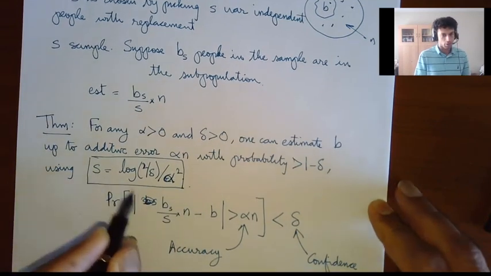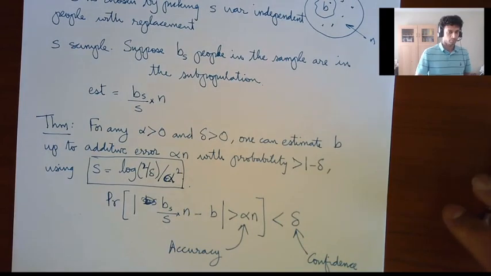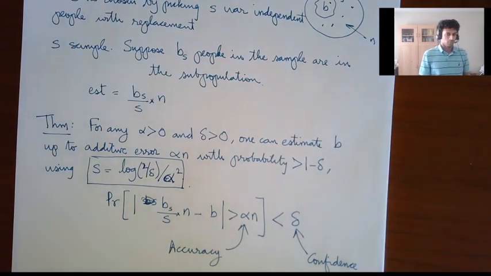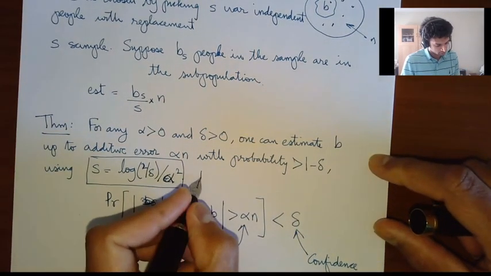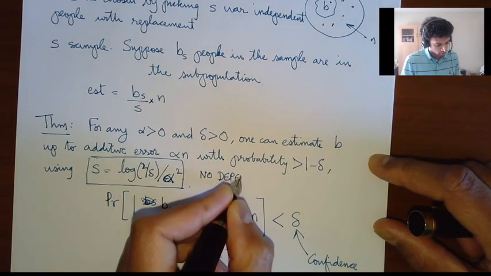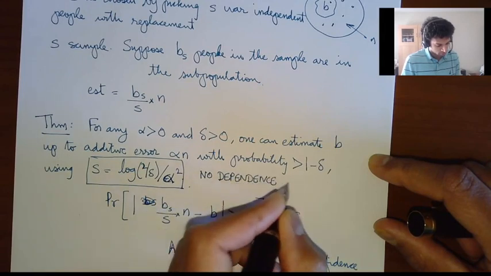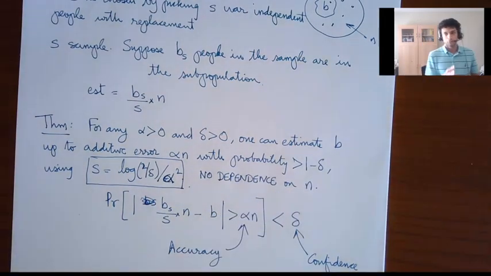Is there something interesting you observe about S? Is there any dependence on N? No. There is no dependence on the population size. Of course, for someone who knows statistics, maybe this is obvious, but you'll often see people say, oh, how can such a small sample say something about, I don't know, the fraction of vegetarians in the United States?